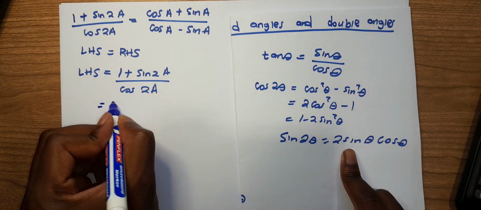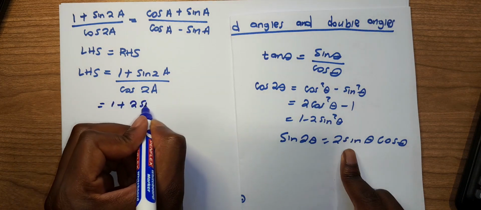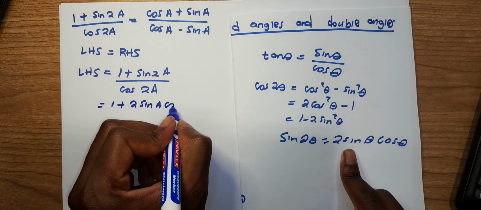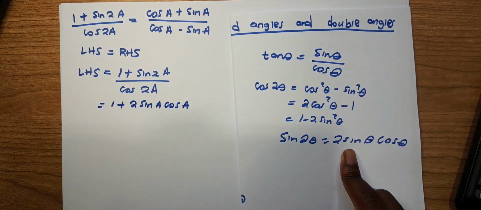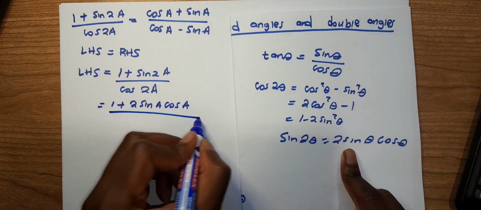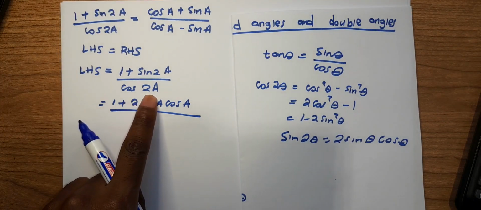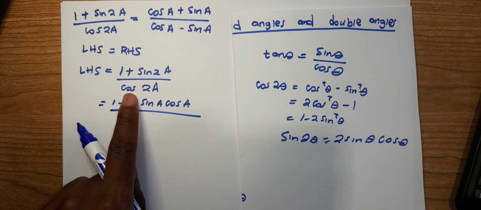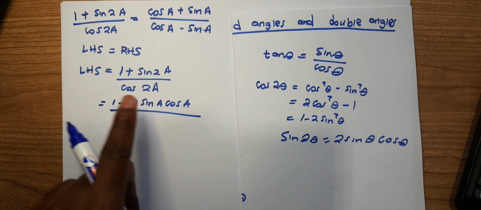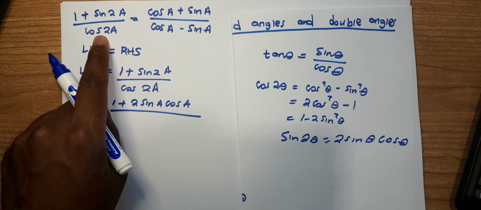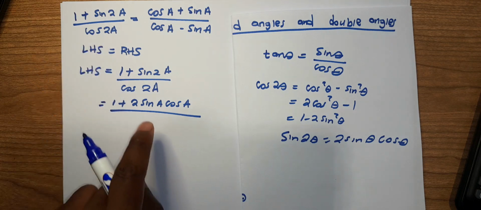So we're going to have 1 plus 2 sine alpha cos alpha, and then divided by the cos 2 alpha.